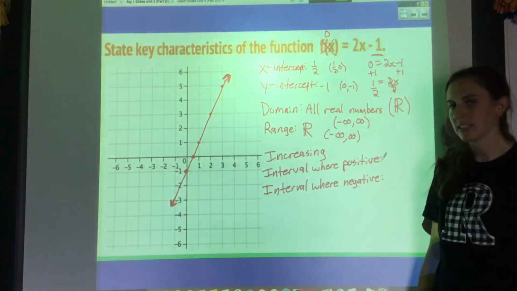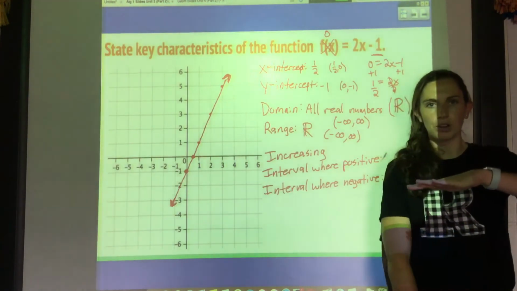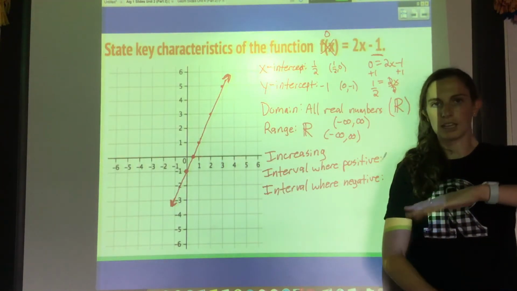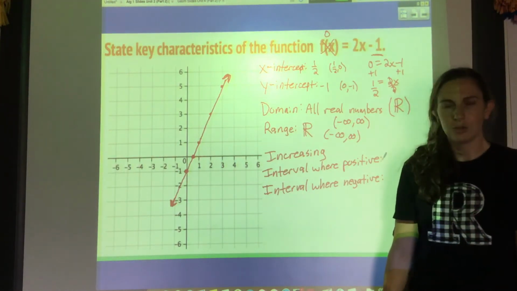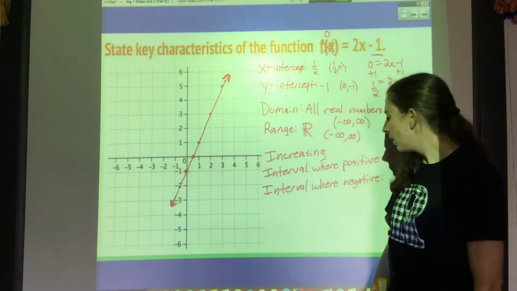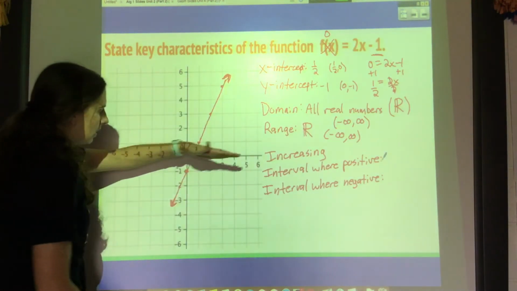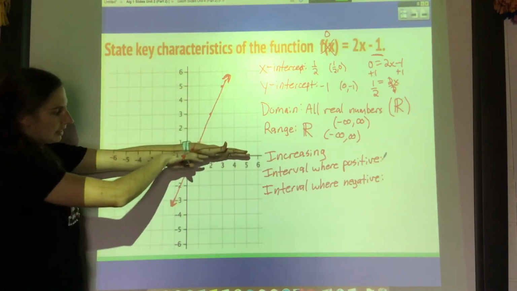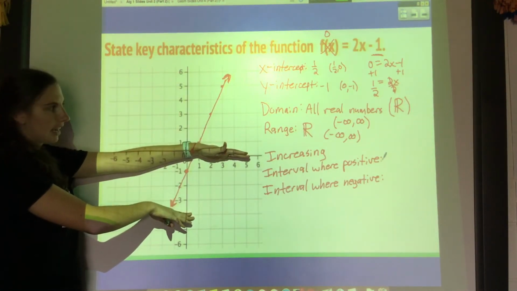I like to think of this as like above ground and below ground, like above sea level, below sea level. Or even like with my stocks, it would be like, are you in the green or in the red kind of thing. So the graph is positive above this line, and it's negative below the x-axis.